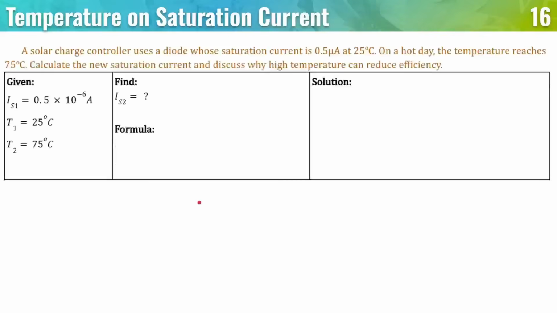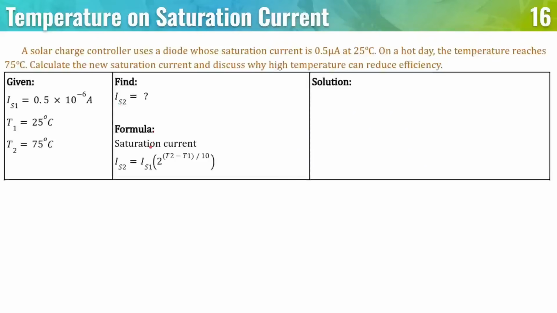Okay, so for this one, we identified the given. So you should know that micro is equivalent to 10 raised to the negative 6. So at 25 degrees Celsius, this is our initial, and then we rise to 75 degrees Celsius. You have to find the changed saturation current.